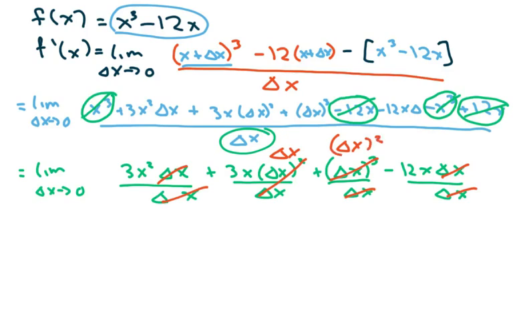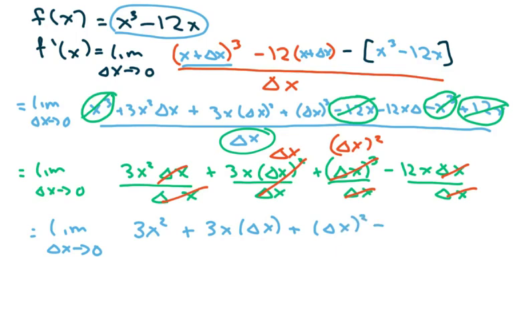So we're left with the limit as delta x approaches 0 of 3x squared plus 3x delta x plus delta x squared minus 12x. So, why do I have a 12x here?